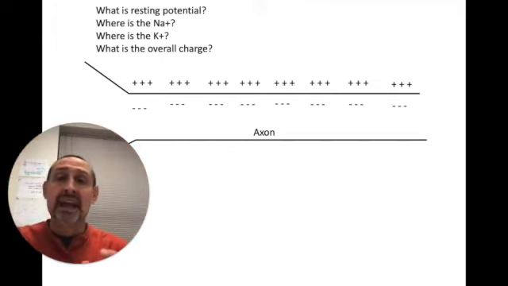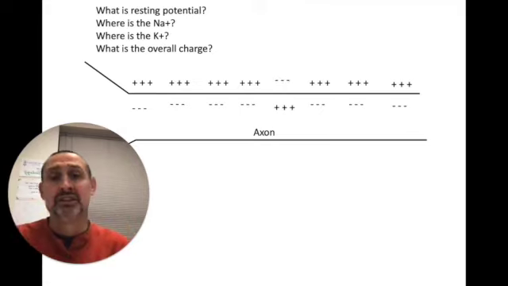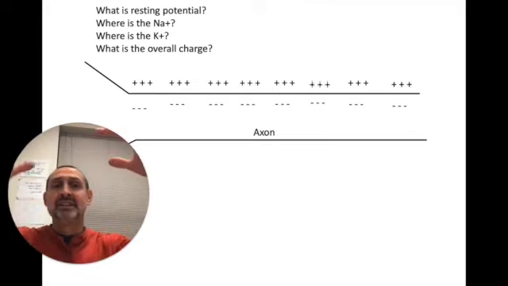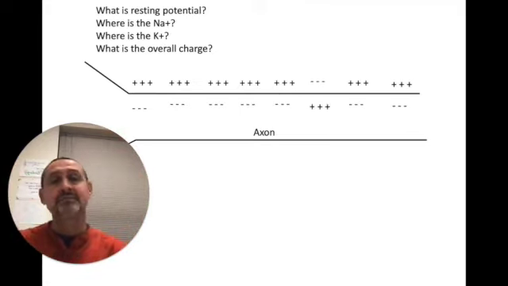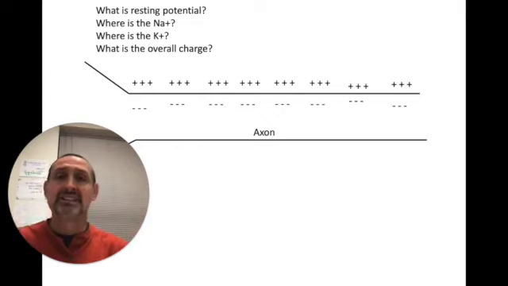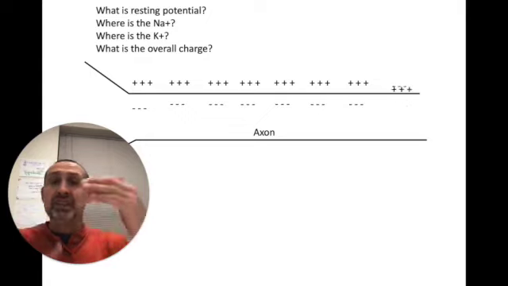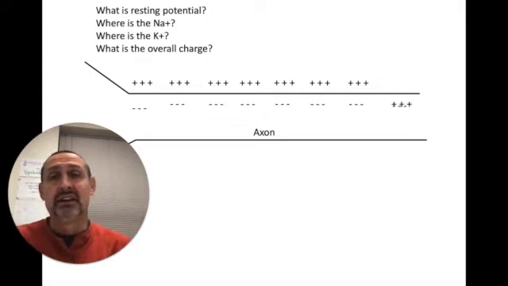Potassium is leaking out because it's going from a high concentration to a low concentration. So you see the positives rushing in, and then as those potassiums leak out, it's like the negatives leaking out, changing that charge on either side of that axon.